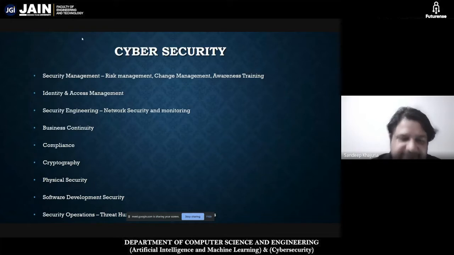The last one is security operations. Security operations is one thing that every organization has. Whether they are directly dealing with IT or not, some organizations who are not into IT stuff outsource this service. Security operations is the one room, you can say, where all the traffic that is coming into your organization, your university, or leaving your organization is monitored.